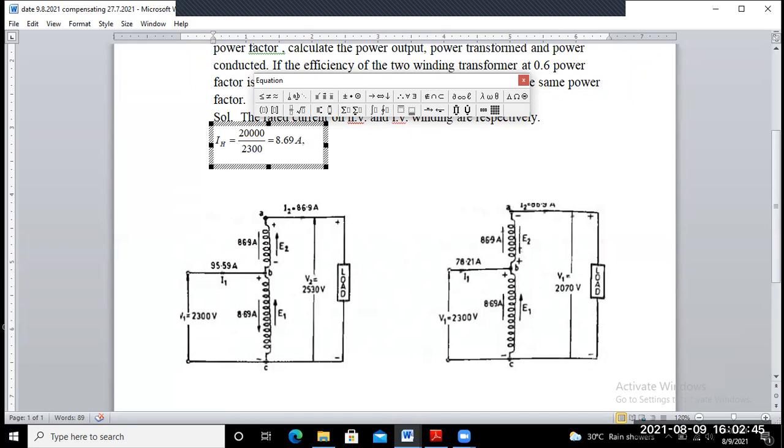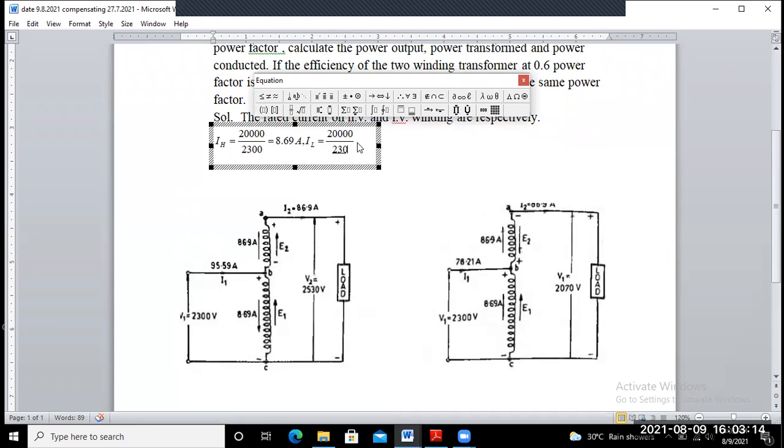And I_L equal to how much? KVA rating divided by voltage rating of the low voltage side, is it not? So KVA rating is the same 20,000. That means 20,000 divided by voltage on the LV side, that means 230 volt.